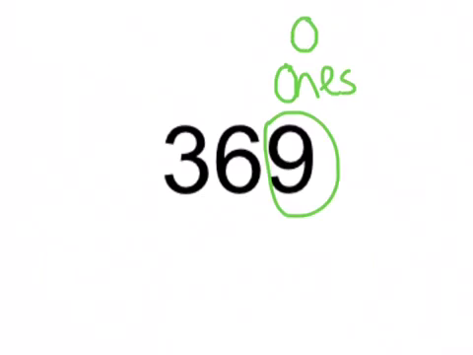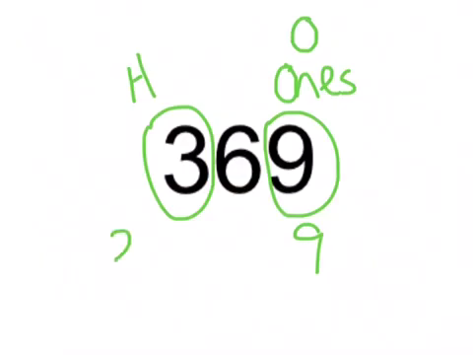Its value is just 9. Let's move across now to the 3. This digit here is in the hundreds column, and I'm just going to use an H for hundreds now. So what's its value, do you think? It's not 3, it's not 30, it's 300 because it's in the hundreds column.